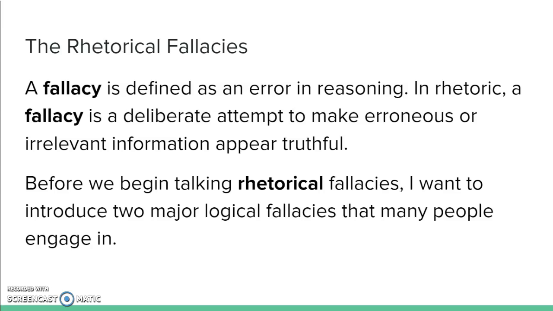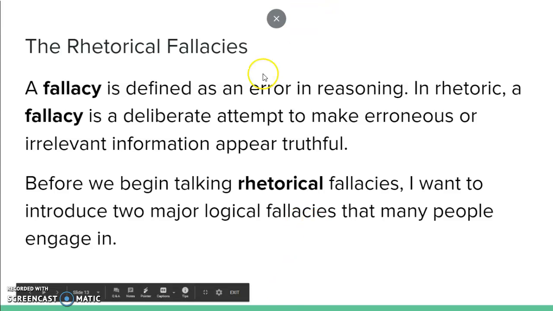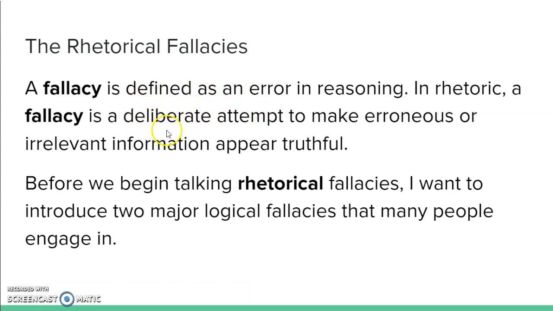That's why it's important to know these things, because people will try to use fallacies to get their point across and try to prove a point that is either unprovable or just patently false. And I think I told my class the big thing to remember is the word deliberate. It's a deliberate attempt to make erroneous or irrelevant information appear truthful.